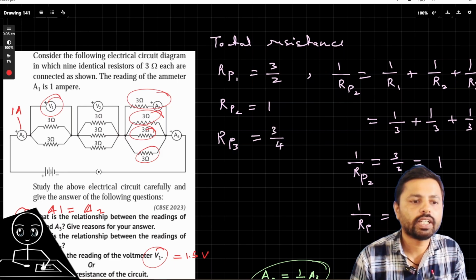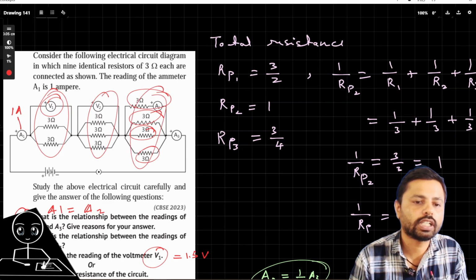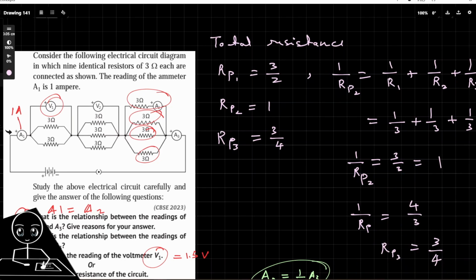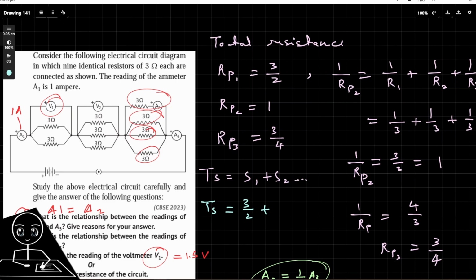But keep one thing in mind, this Rp1, this Rp2 and this Rp3 are all connected in series, so we need to add them. What's the series formula? The total in series equal to S1 plus S2 plus S3 and so on. So total in series equal to 3 by 2 plus 1, which I will write as 2 by 2 just to do it faster, plus 3 by 4.